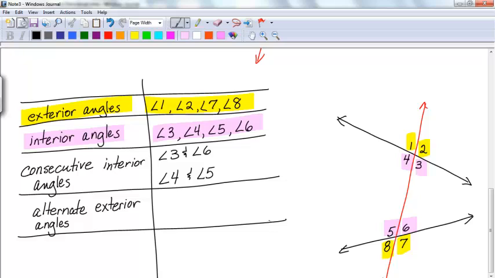Alternates are the ones that are on different sides of the transversal. So 1 is on this side of the transversal, 7 is on this side, and they're alternate exterior. So 1 and 7, and they occur in pairs. So what's the other pair? 2 and 8. They are alternate exterior angles.